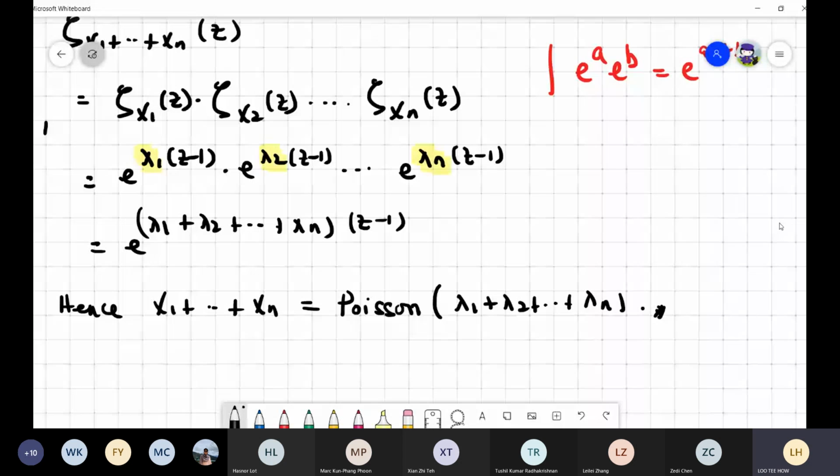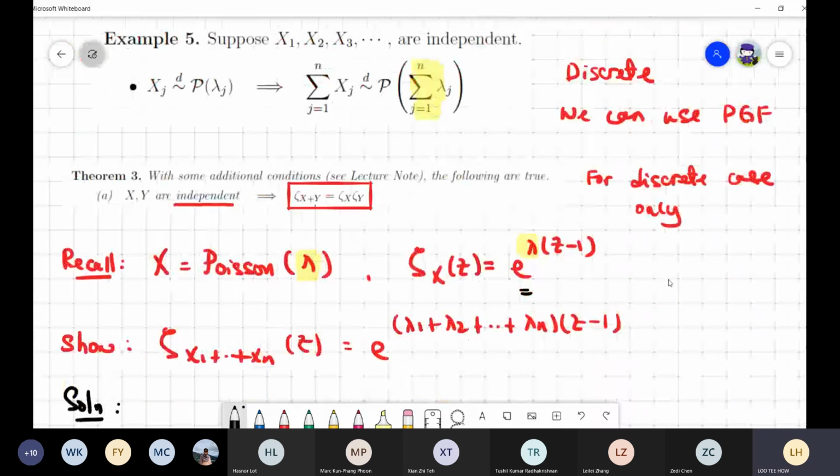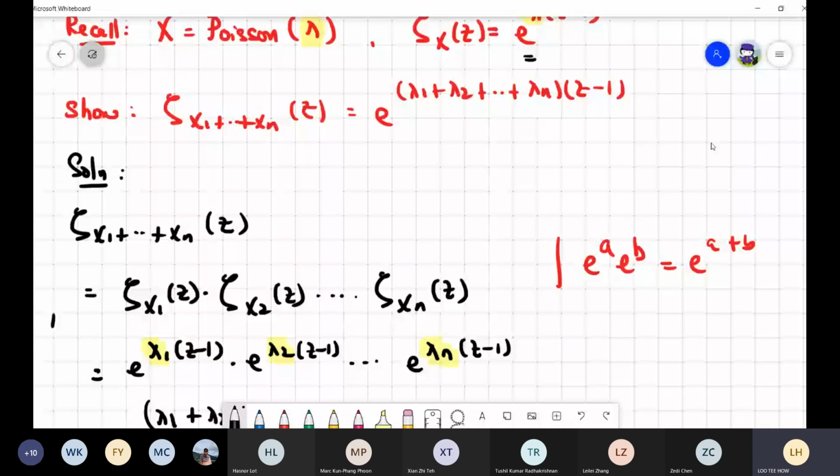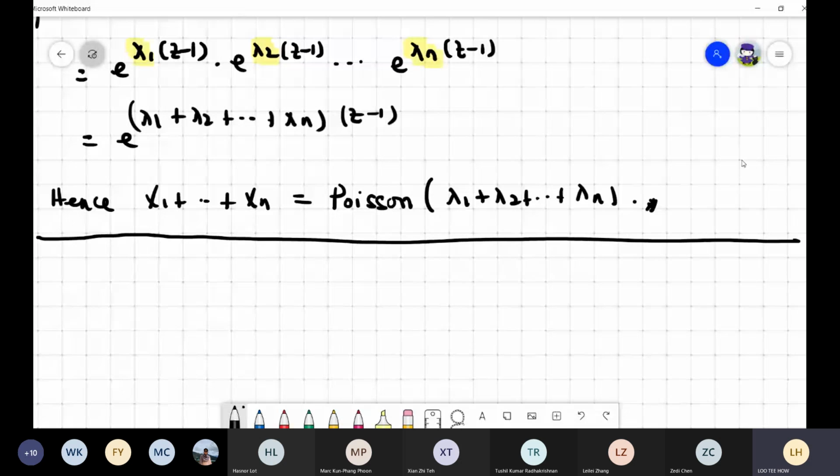Right, so this is how we can apply these generating functions to independent random variables, to identify the distribution for the sum of independent random variables. So this is a first application for these generating functions.